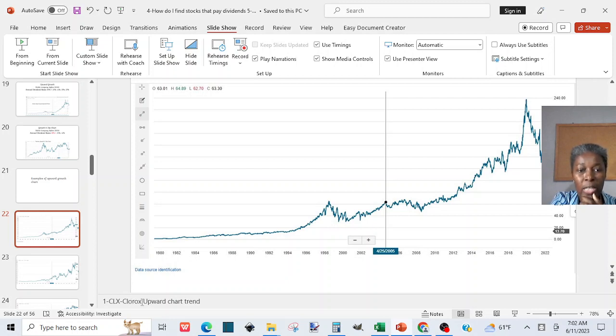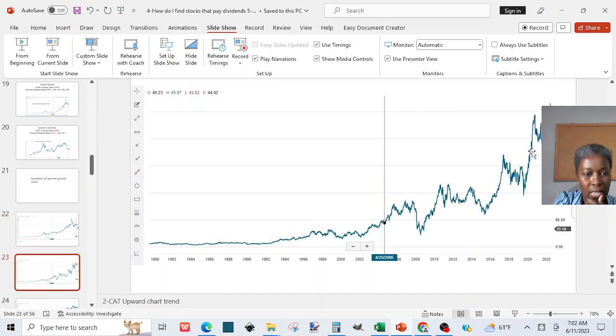So this one is Clorox chart, and that's an upward chart. And this one is Caterpillar. You can see the jumps in it as well, but you can see steady growth to it. The jump is not quite as obvious as the other one.